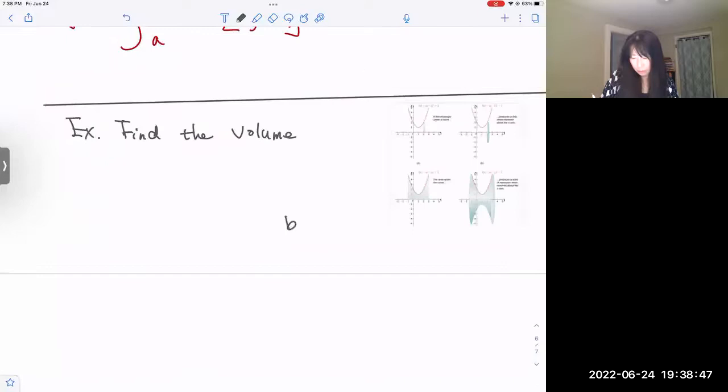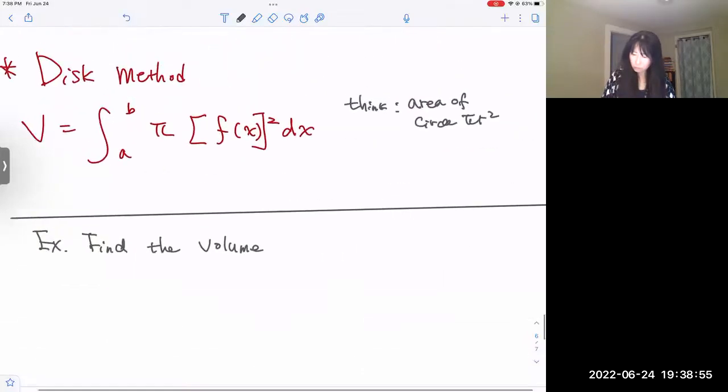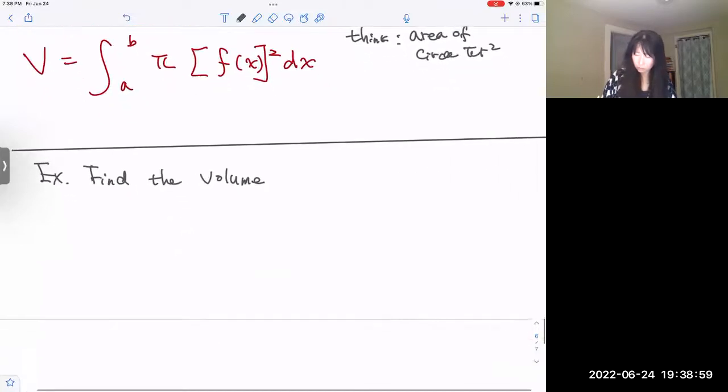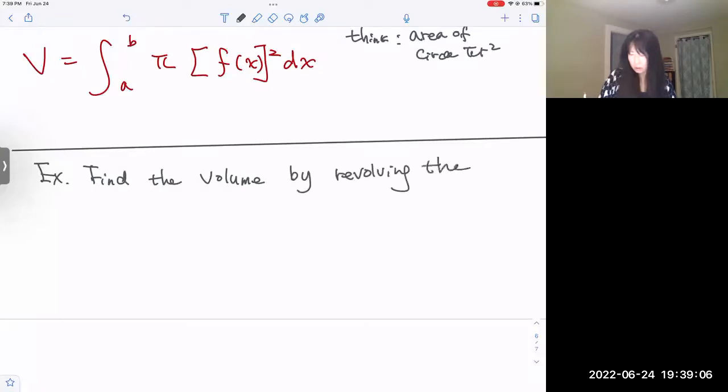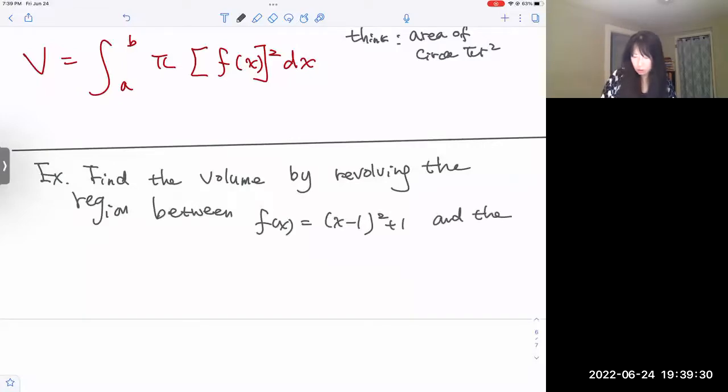Find the volume of the solid generated by revolving the region between f of x equal to x minus 1 quantity squared plus 1 and the x-axis over the interval -1 to 3 around the x-axis.